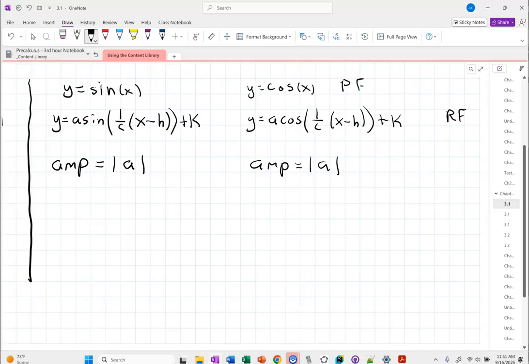So now if I have the equation, I can find the amplitude without having to look at a graph at all, right? Or if I have the graph, I can figure out the two possibilities for a, either positive or negative, just by looking at the distance from the highest point back to the midline.